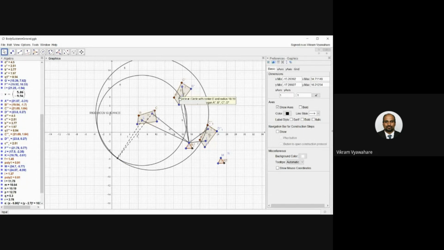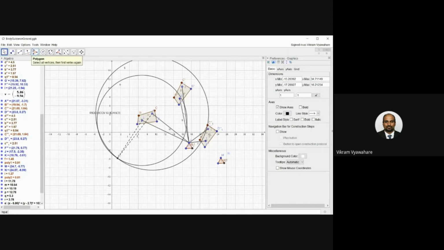For the second location, instead of allowing the mechanism to move so the coupler location moves like this, what we have done is we have fixed the coupler and correspondingly the pivot point has moved. So this point corresponds to the second position of the link.